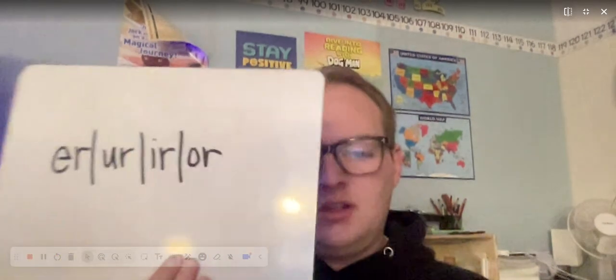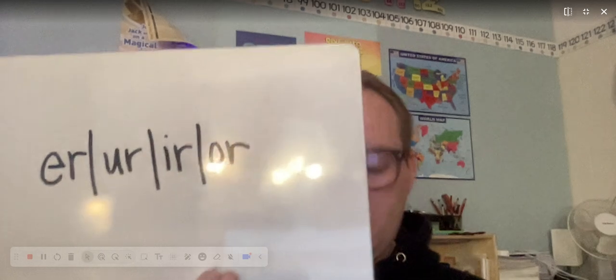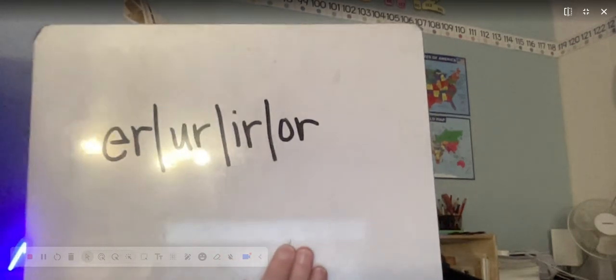Go ahead and erase. The next sound I would like you to spell is I also have 4 spellings for this sound. Go ahead and pause. If your board looks like mine, you are correct. Okay, the next sound is going to be or.